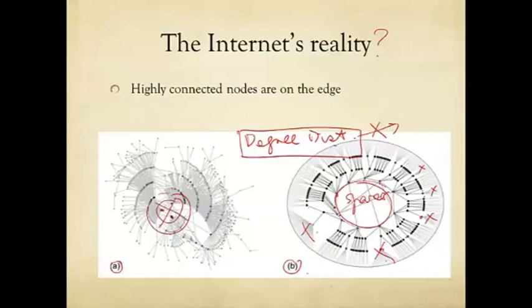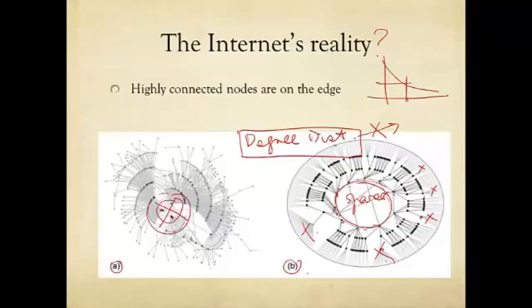Whereas if you want to target medium connected nodes, there are too many of them. Remember the degree distribution. If you target medium connected nodes, then there are a whole lot of them. It's not exactly easy to know where they are. Not necessarily will we be attacking these particular nodes.